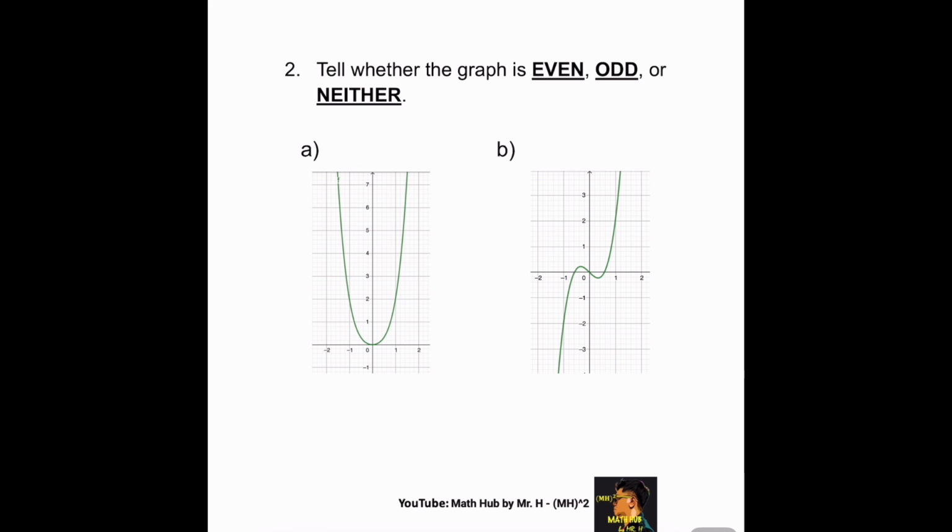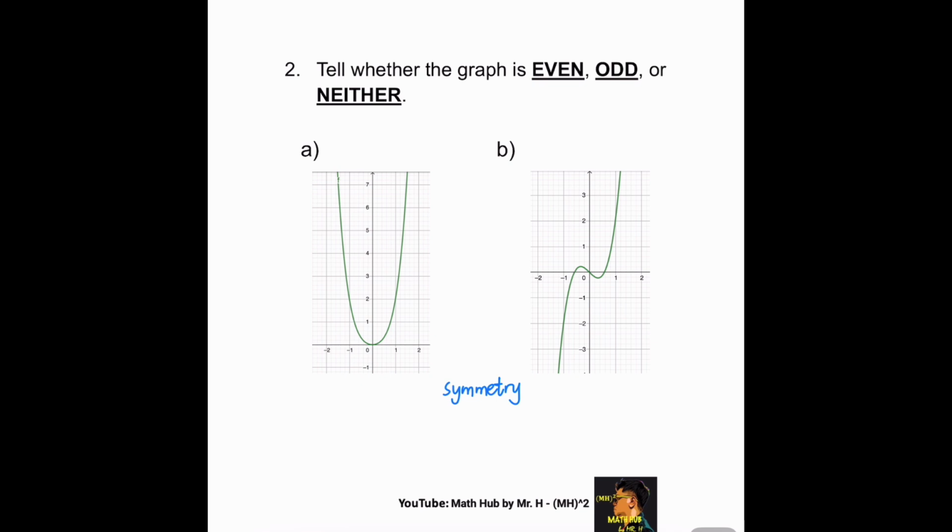Now, there are two things that I need you to focus on. For this concept in which you are presented with graphs, we're going to be talking about symmetry. So when do we say the graph represents an even function?